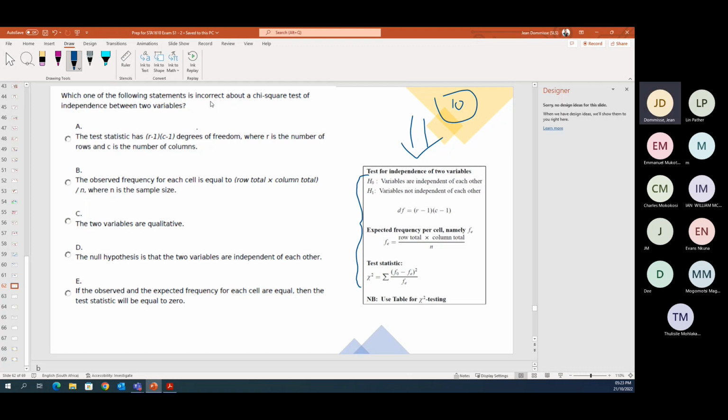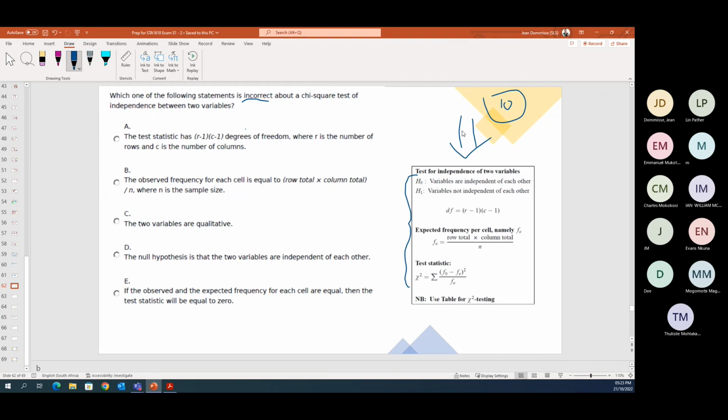Which of the following statements is incorrect about the chi-square test of independence between 2 variables? The t-stat has r minus 1, c minus 1 degrees of freedom, where r is the number of rows and c is the number of columns.